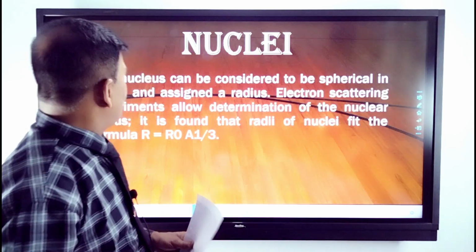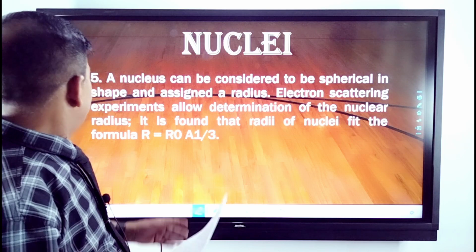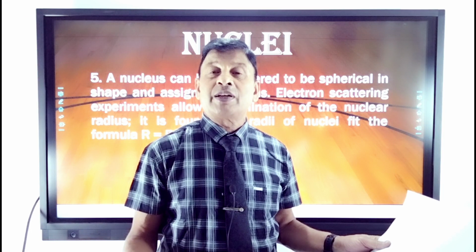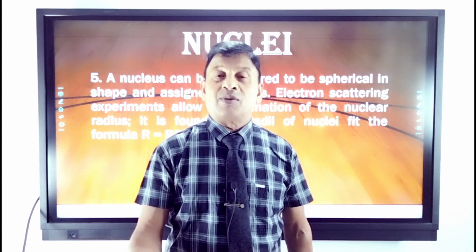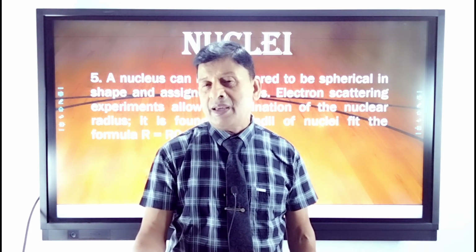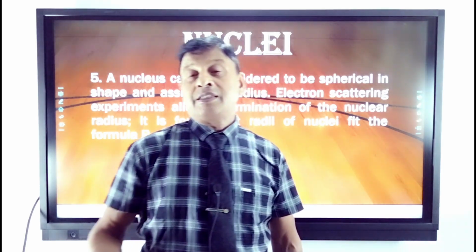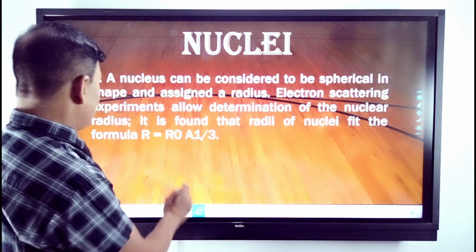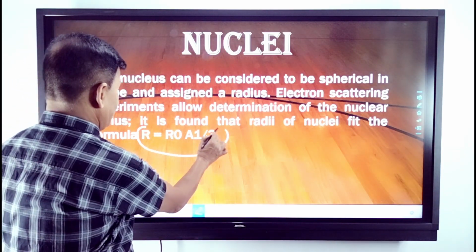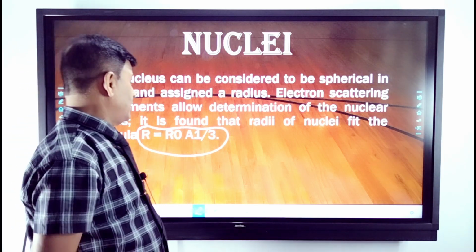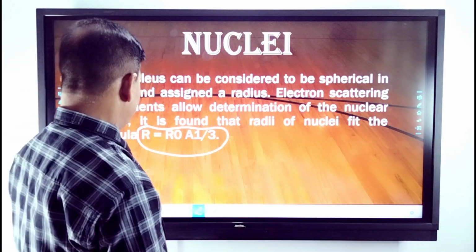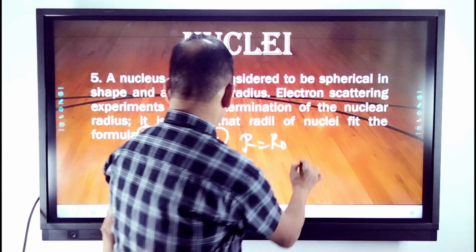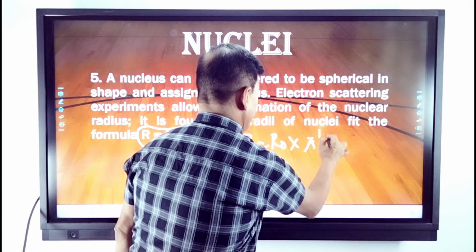Next, come to more points. A nucleus, as you all know, is very small in size. I told you in the very beginning, the radius is of the order of 10 to the power minus 15 meter. The radius is much smaller as compared to the atomic radius, 10 to the power minus 10 meter. And that's why there is a formula for the so-called nuclear radius: R is equal to R0 into A to the power 1/3.